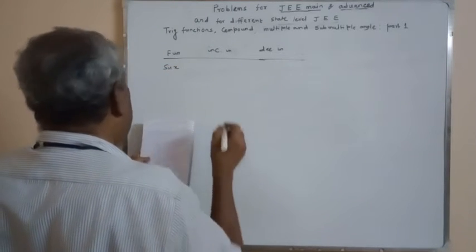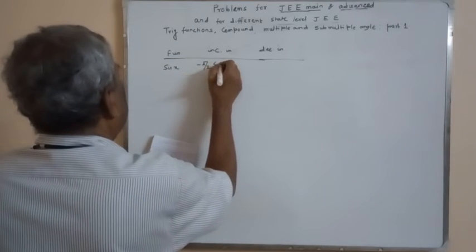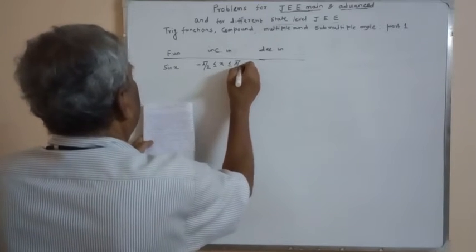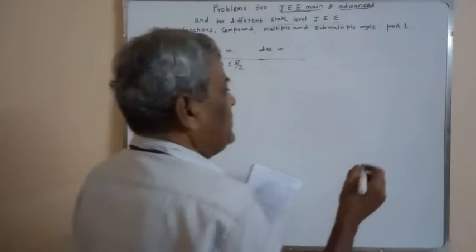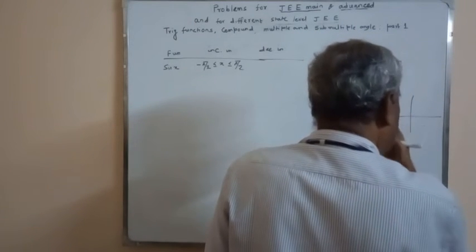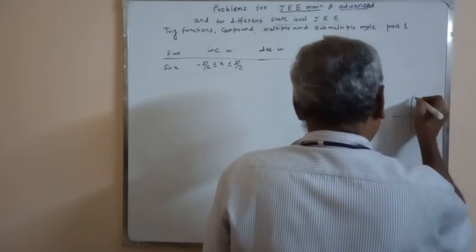it is increasing in minus pi by 2 less than or equal to x less than or equal to pi by 2. That is, first, second, third, and fourth quadrant, this is minus pi by 2 to pi by 2.